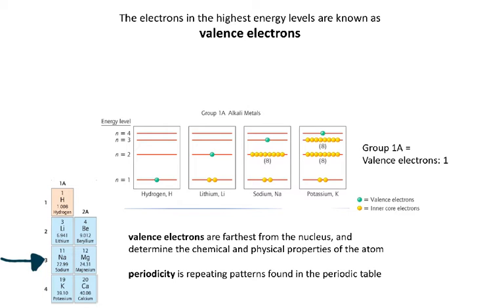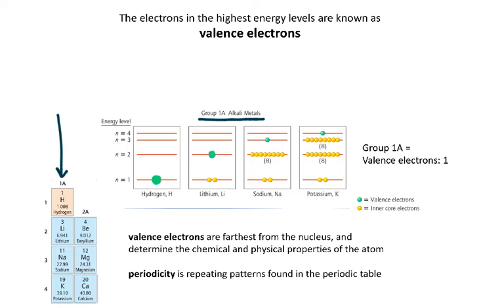Here's a representation of the group 1A metals, the alkali metals. That would be this group right here. Hydrogen is not technically a metal, but it follows the pattern of this group, so it's included. If we look at their energy level diagrams, hydrogen, as we saw before, has one electron in n=1.